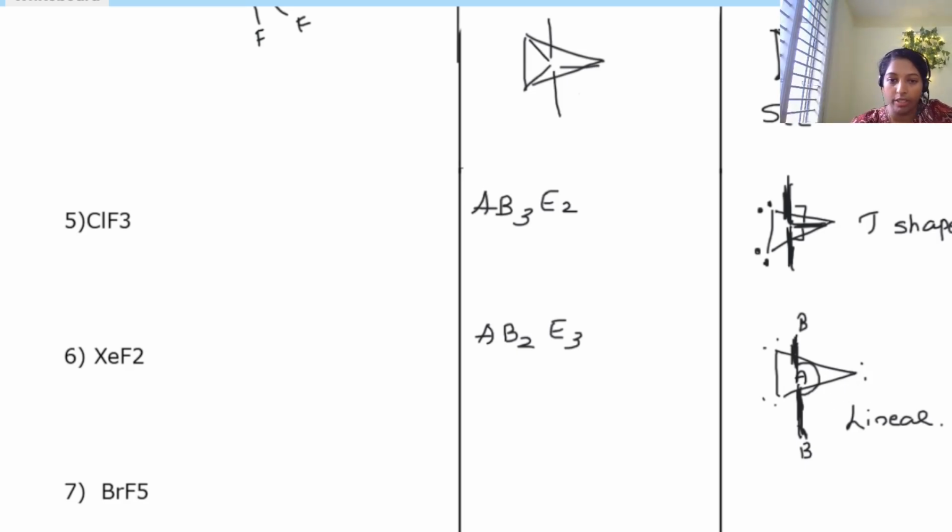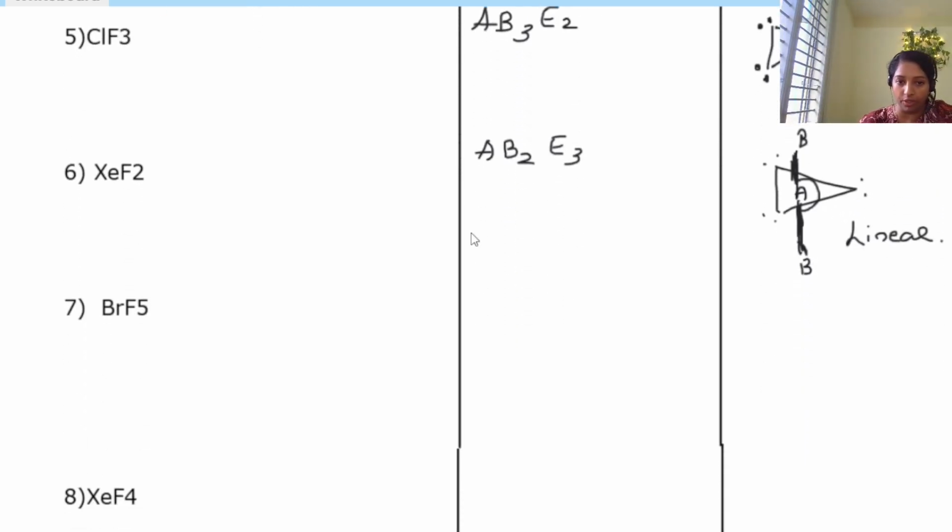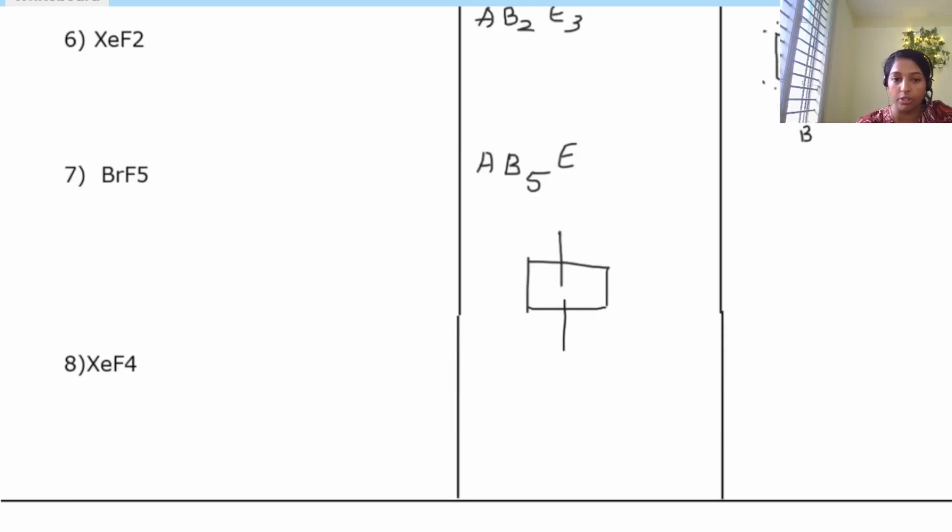Okay, right. And what about BrF5? It will be AB5E, which means altogether 6 electron clouds, so it is octahedral in electron geometry. A is at the center, with 4 atoms in a square plane, one above the plane and one below the plane.